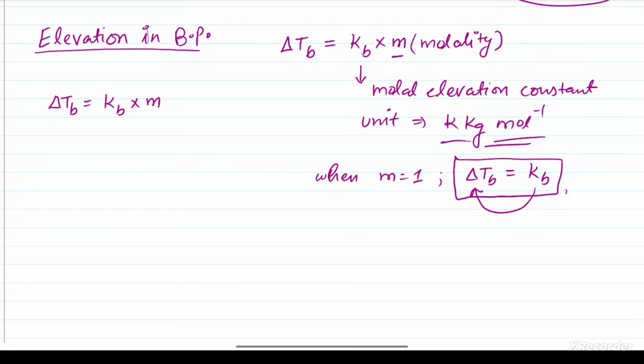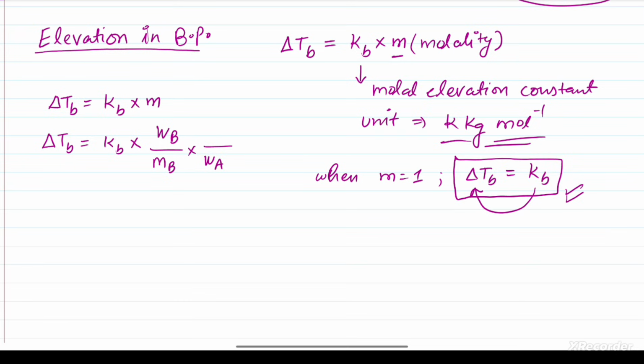So you can also write this definition of Kb from this formula. Okay, fine. So again, if I write the expression for m, this will be delta Tb is equal to Kb into m. M is what? Molality. Molality is written as weight of solute WB by MB, and for the solution part we write mass of solvent in kg.